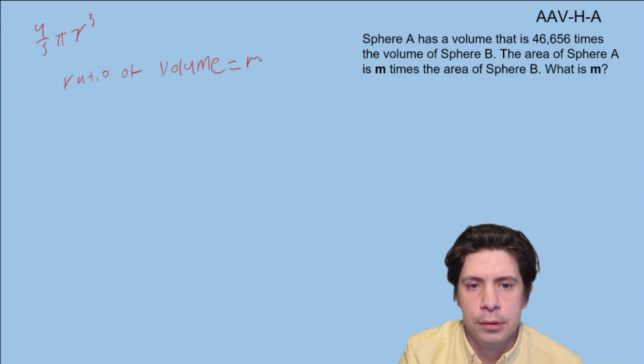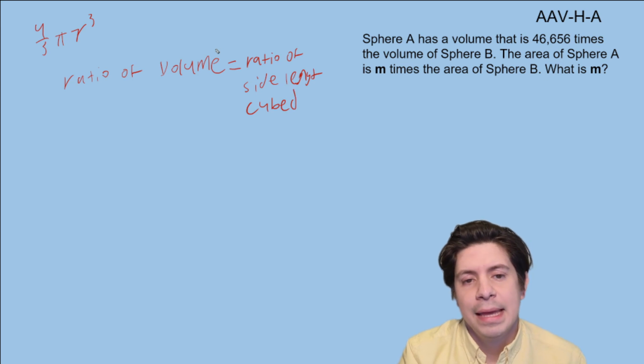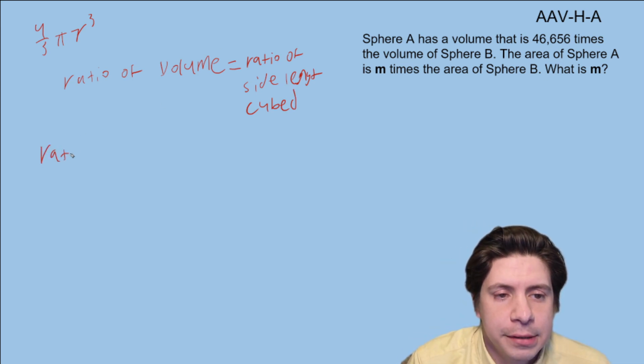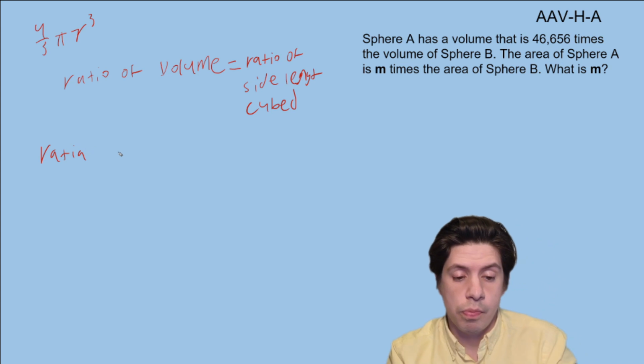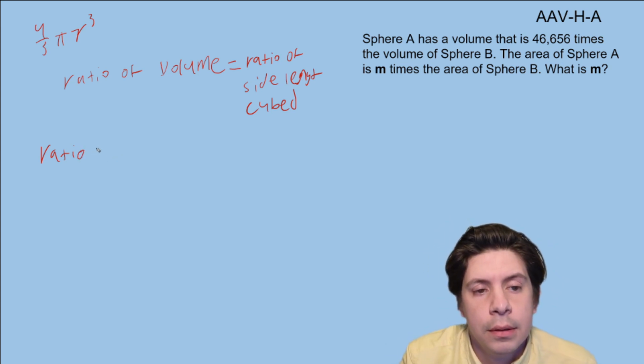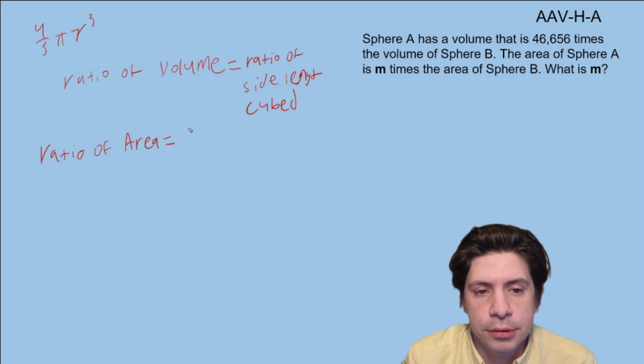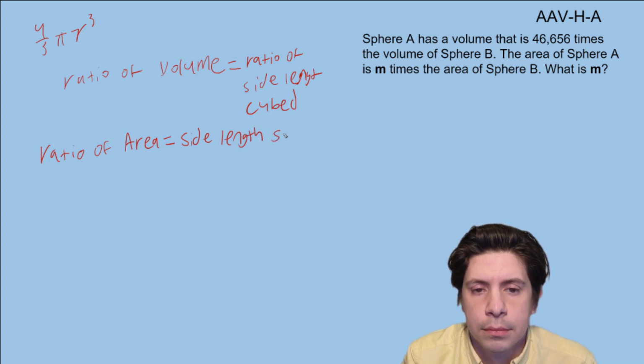ratio of volume equals ratio of side length cubed. And ratio of area equals ratio of side length squared.